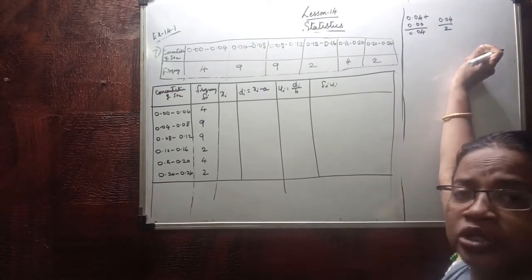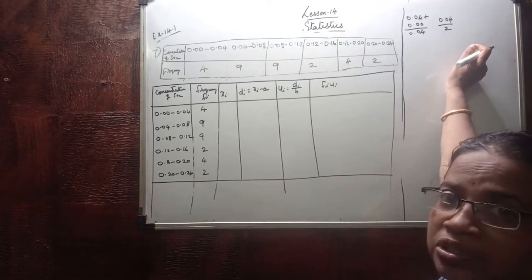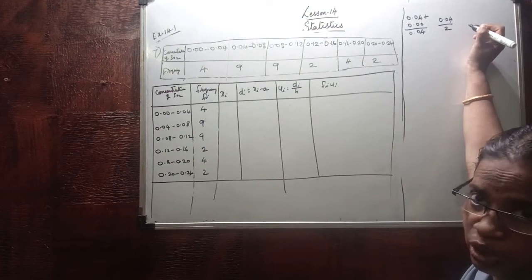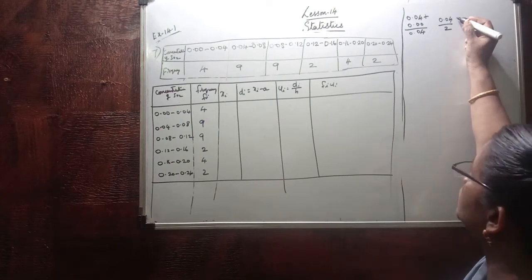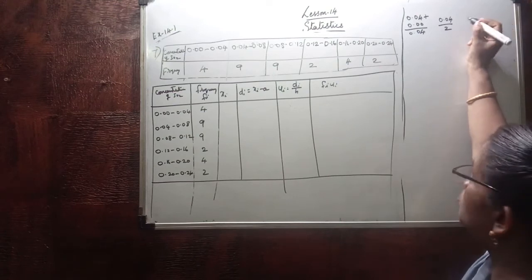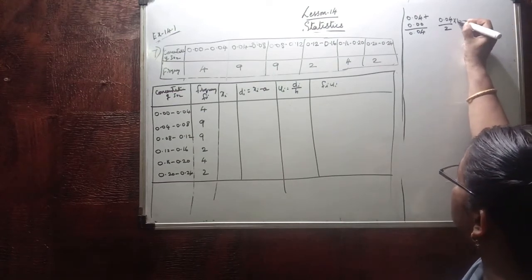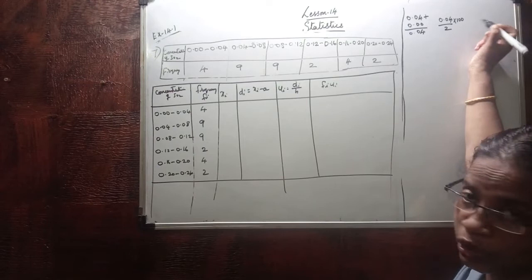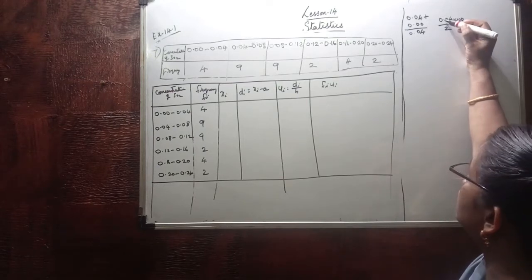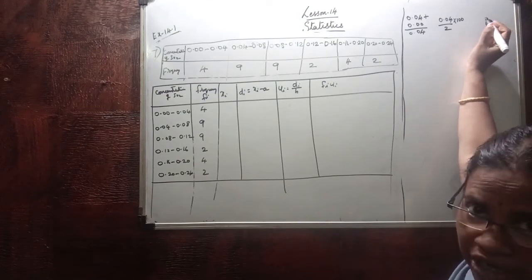Now how will you do the division with decimal numbers? The easier method is to convert this into natural numbers. After the decimal point, 2 digits are there, so multiply by 100. 2 digits means 100, 3 digits means 1000, 1 digit means into 10.